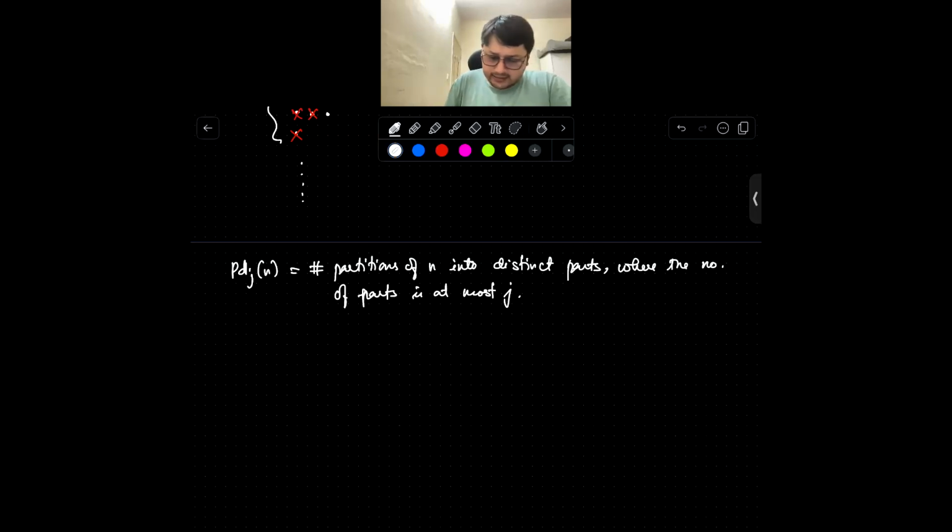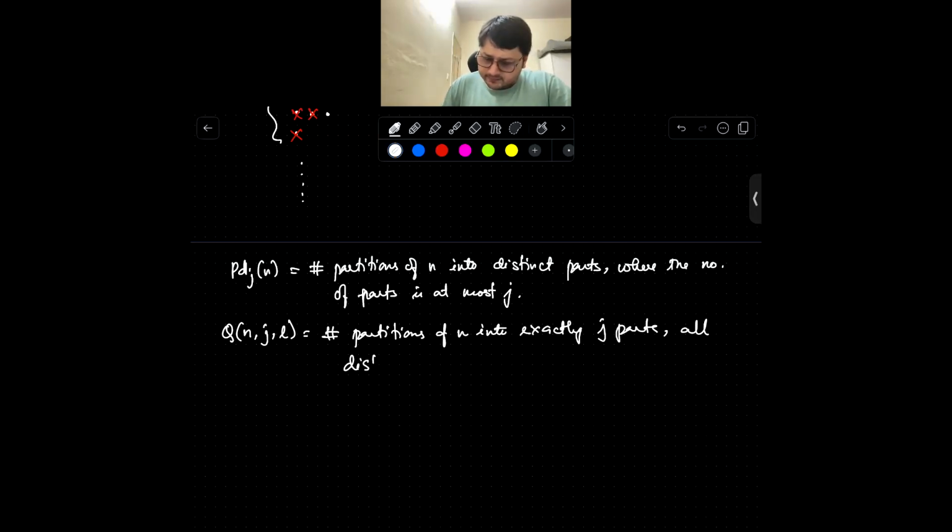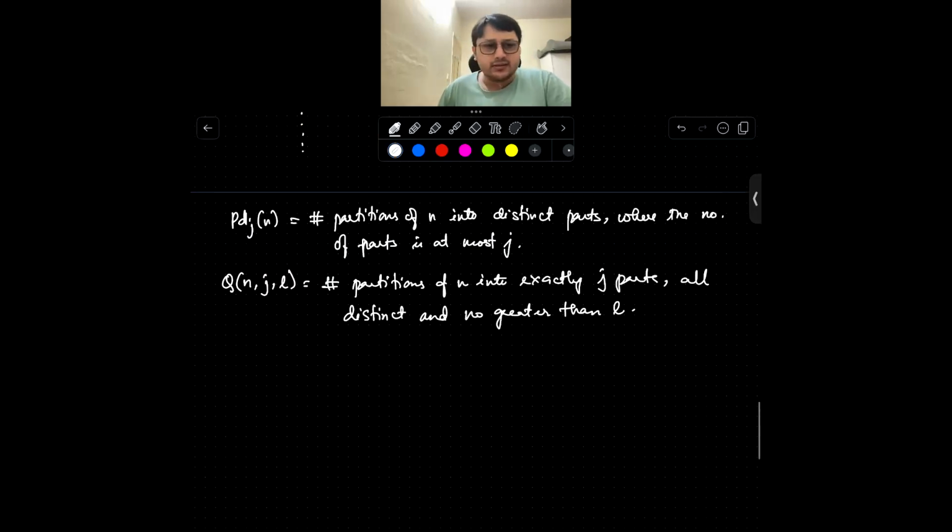And let me also write down, say, Q(n, j, L) be now the number of partitions of n into exactly j parts, all distinct, and no greater than L. So these are two quantities, and we want the generating function for this.